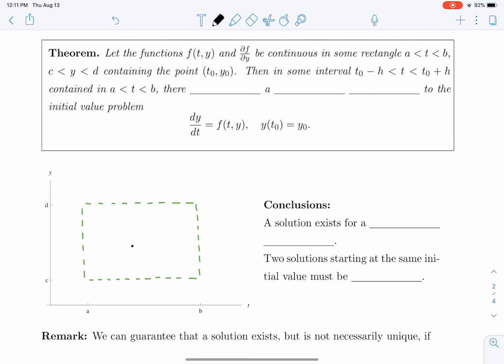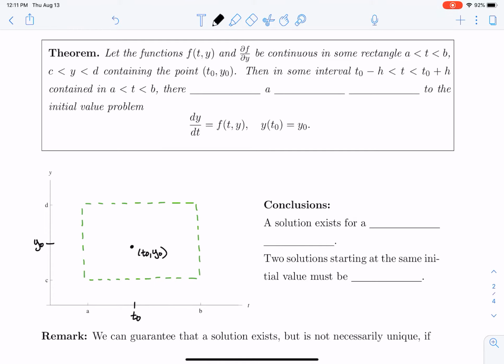In this case, our initial point is t0, y0. So the right-hand side and the derivative of the right-hand side with respect to y are continuous in the rectangle, and that rectangle contains our initial point.